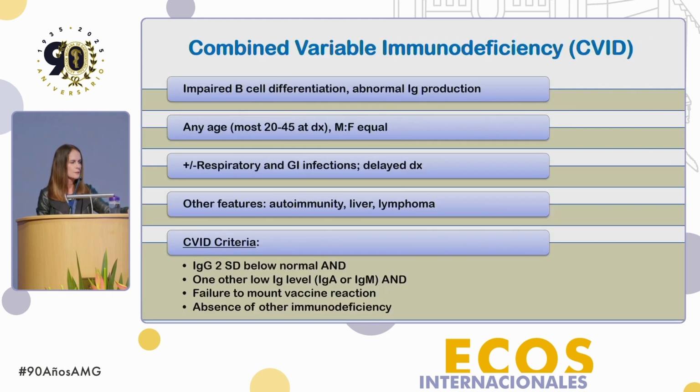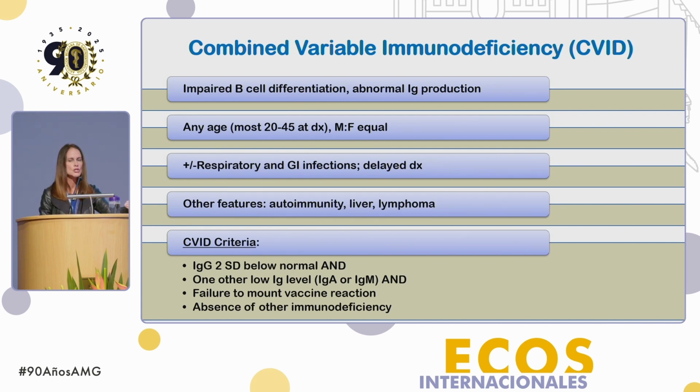Common variable immunodeficiency is something that we've learned about in our medical training, but oftentimes we overlook this. But these are patients with abnormal immunoglobulin production. So even though we think about this as a disease in younger patients, again, this could really present at any age. And even though we always were taught to think about that patient with recurrent respiratory and GI infections, oftentimes that's very mild compared to what you would expect.